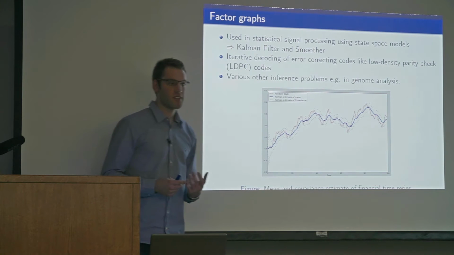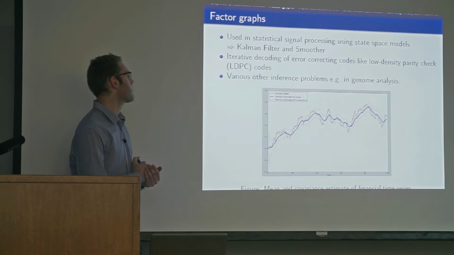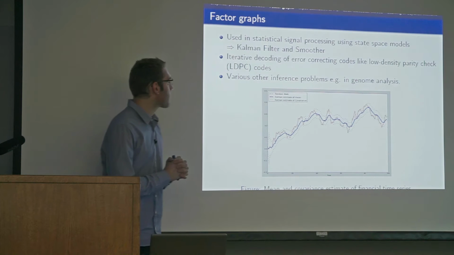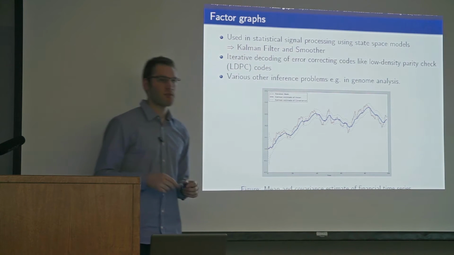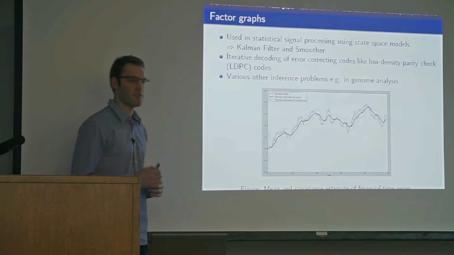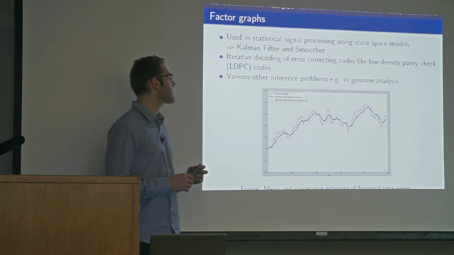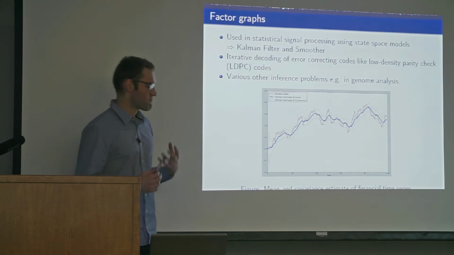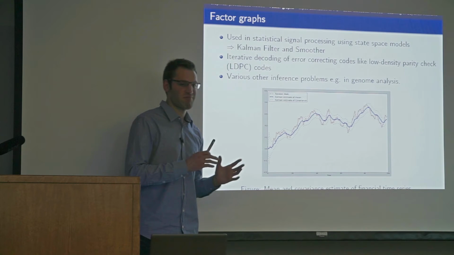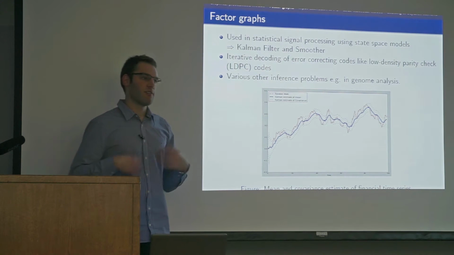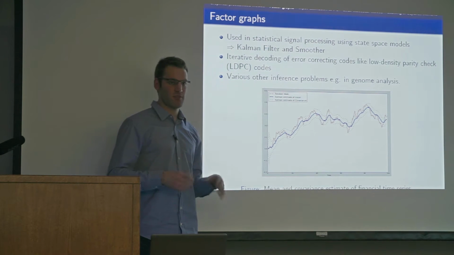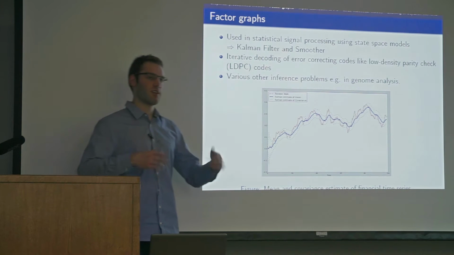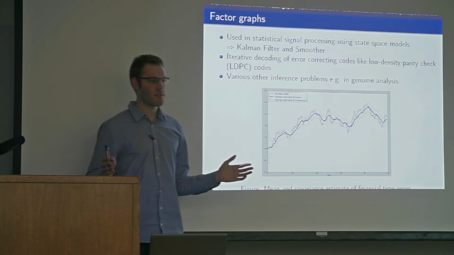To give you some applications of factor graphs: I'm coming mostly from the area of statistical signal processing. That means that some time ago we went away from signal processing in the frequency domain. Usually you have a signal, you take the Fourier transform and look at the frequency domain.